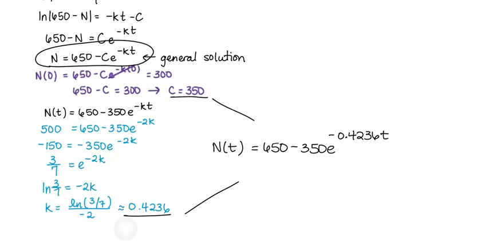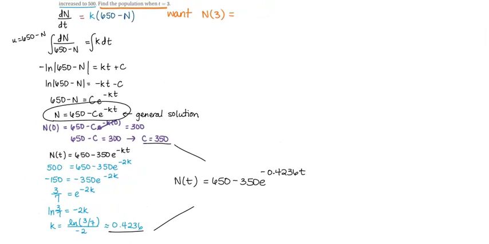Now that we have the entire model, we are able to approximate n of 3, what we get when we plug 3 into this function. So we have 650 minus 350 e to the negative 0.4236 multiplied by 3, and this comes out to give us approximately 552 coyotes.